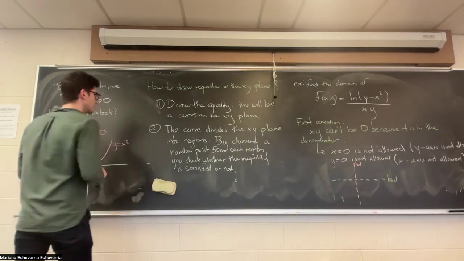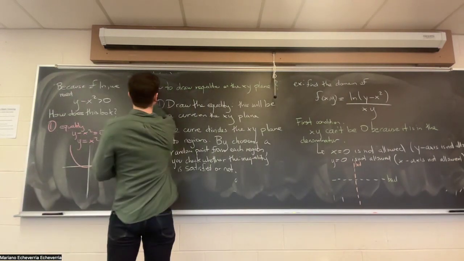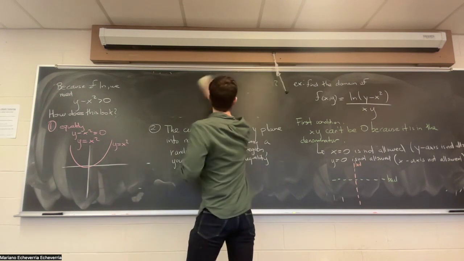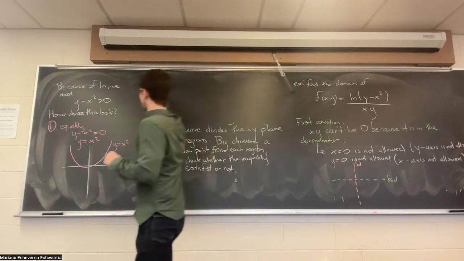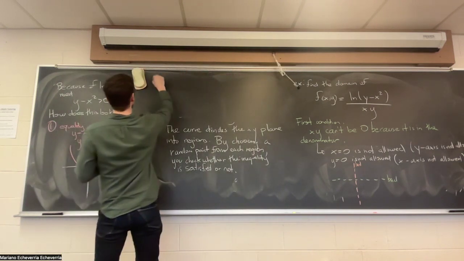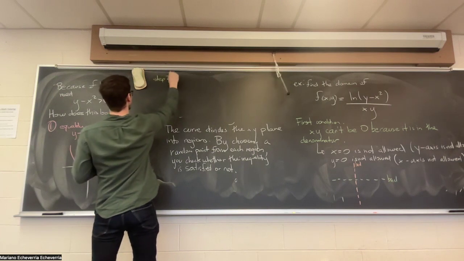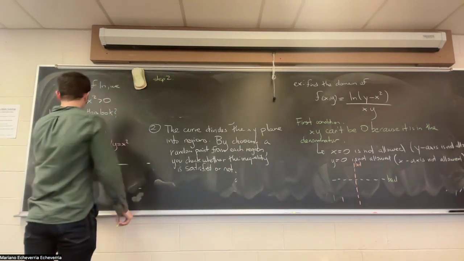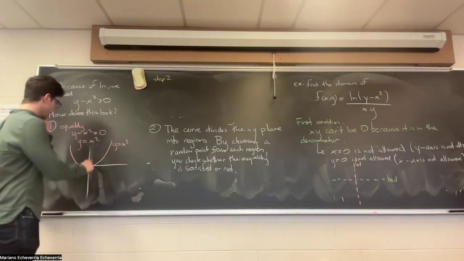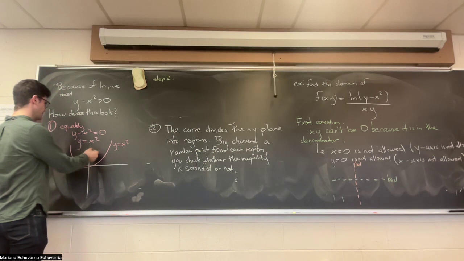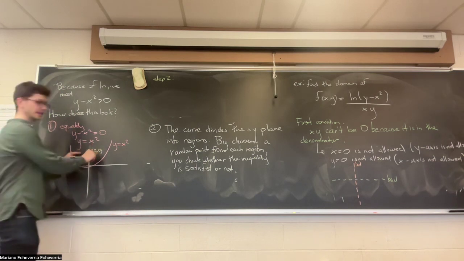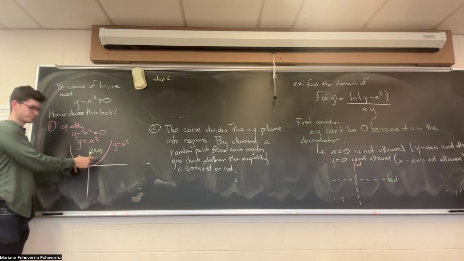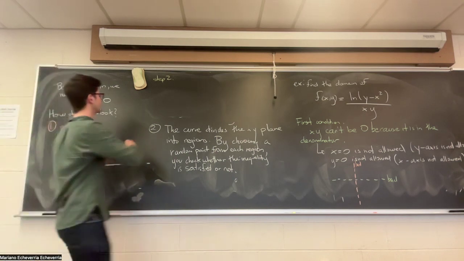So you see region one is this one, region two is that one. Let's take a point from region one. For example, 2,0 is inside the parabola, right? So what happens with 2,0?